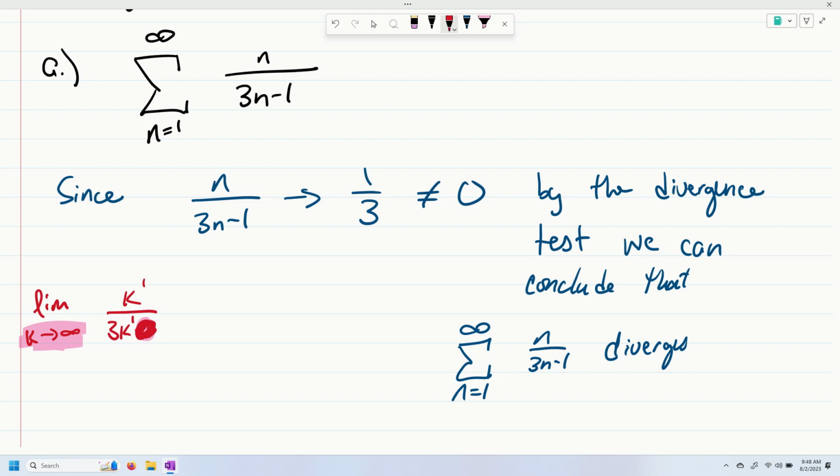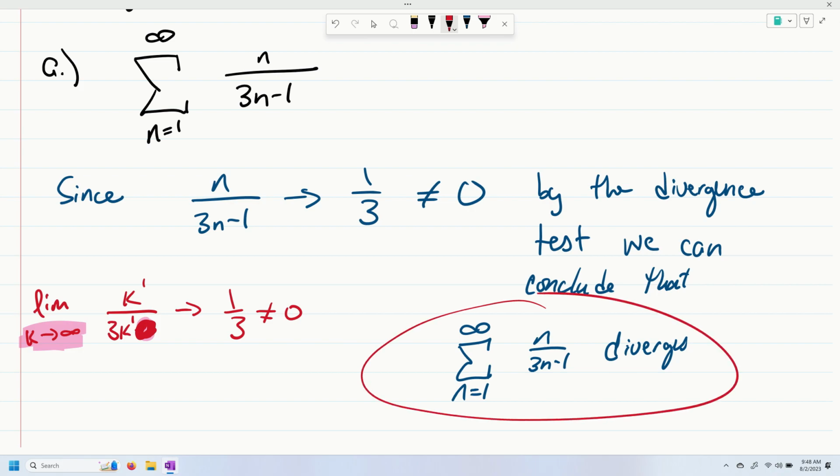That $1 you are not going to miss at all. So as k gets larger and larger, this will approach 1/3. And since 1/3 does not equal 0, we automatically know this series diverges. That's it. Then you move on to the next problem.